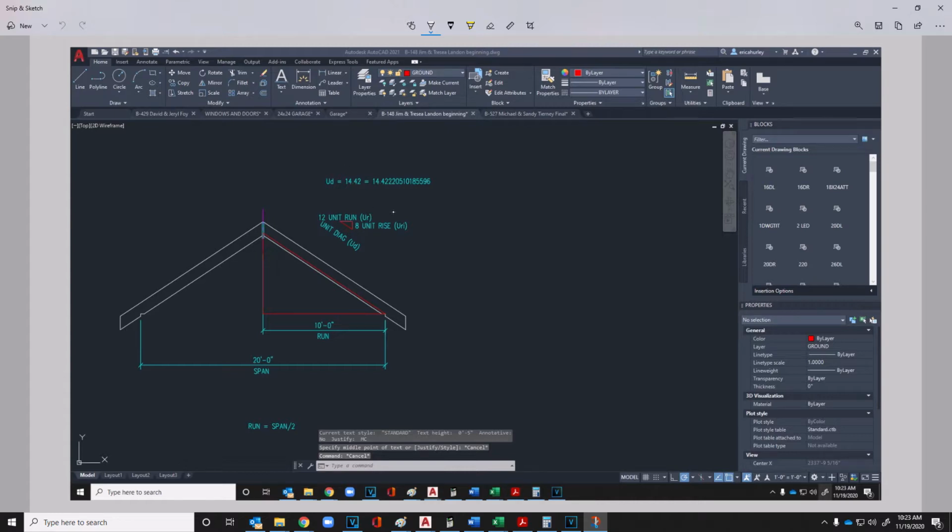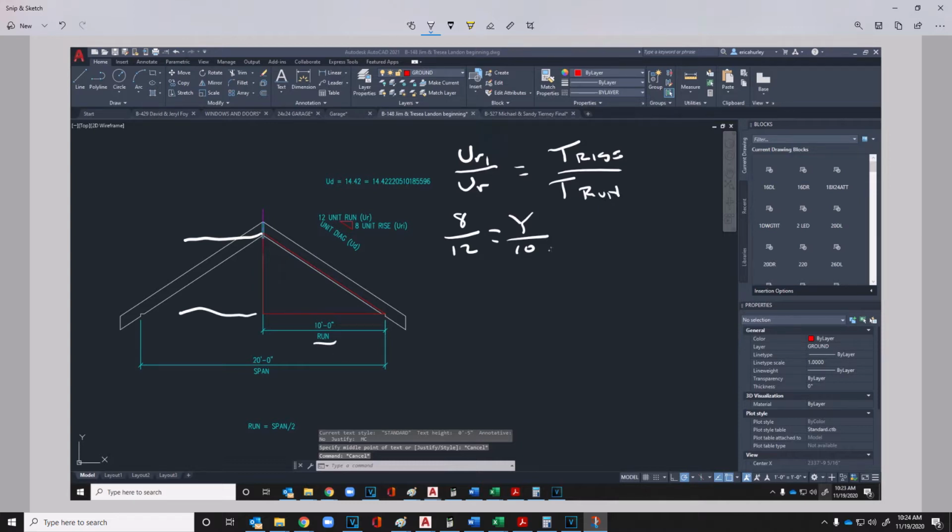All right, so if I say that 8 over 12 is equal to y over 10, that's basically the same as saying that the URI, or the unit rise, over the unit run is equal to the total rise, which is here, over the total run, which is here.